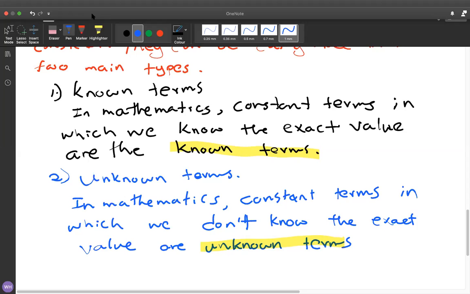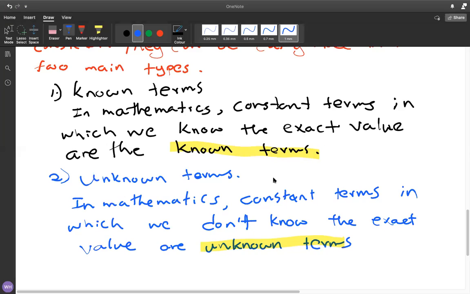So I have finished writing. Okay, fine. So let's discuss these unknown terms and known terms further.